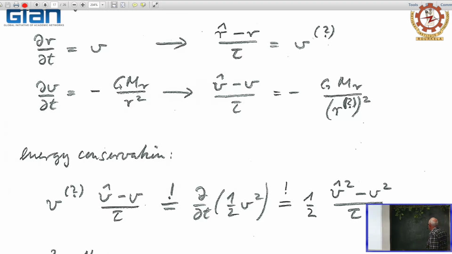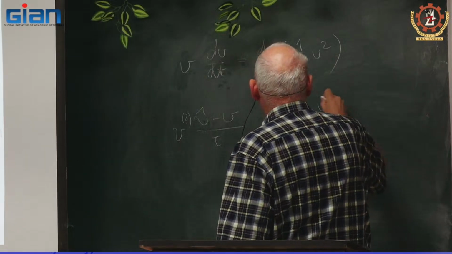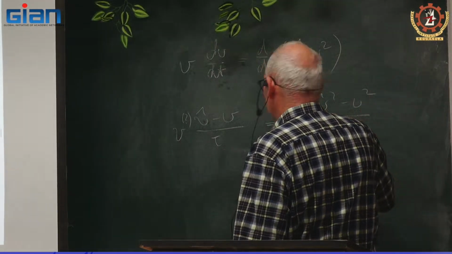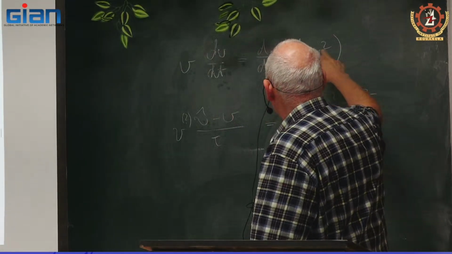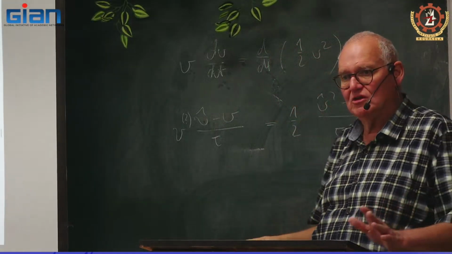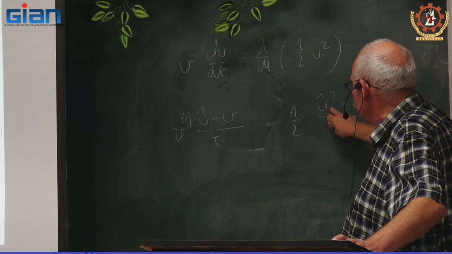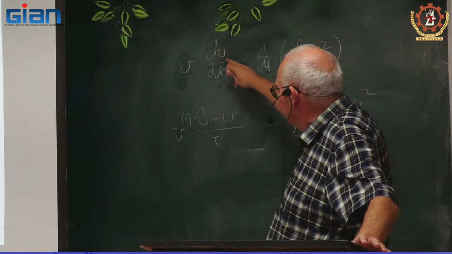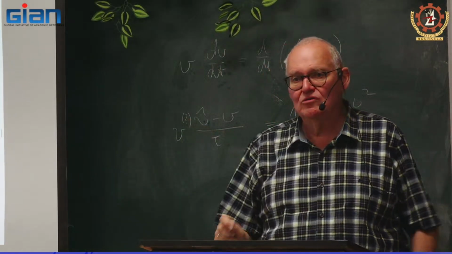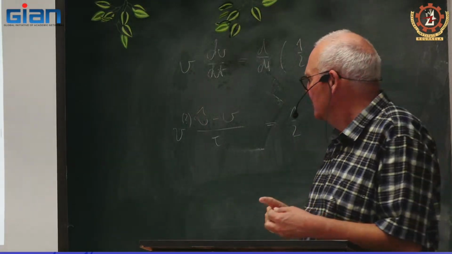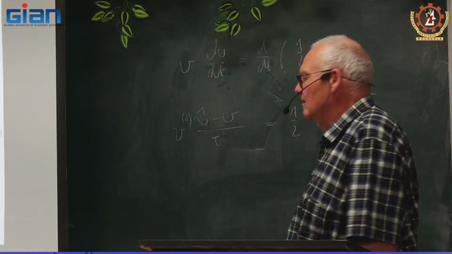This has to be the time derivative of 1/2 v squared, which by definition is given by 1/2 times v hat squared minus v squared over tau. So d by dt of 1/2 v squared is fixed by the definition of this time derivative. dv by dt is also fixed, it is v hat minus v over tau, but we don't know with which weight we have to multiply this equation to obtain this as a result.